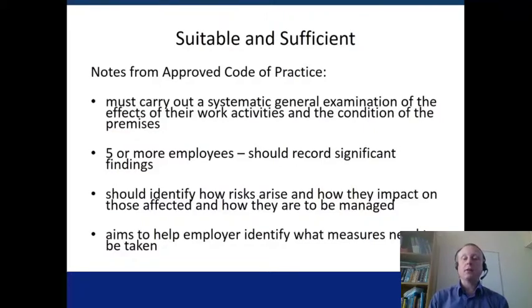It should identify how risks arise and how they impact on those affected, and how they are to be managed. So you want to consider this if you're doing a table: you would have the hazard as a title for the hazard, rather than using the title for an entire process or procedure. Remember, the hazard is something with the potential to cause harm.